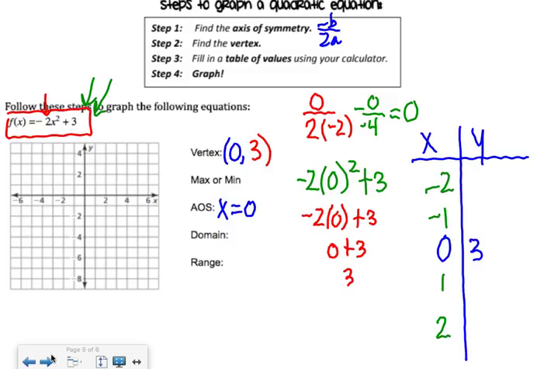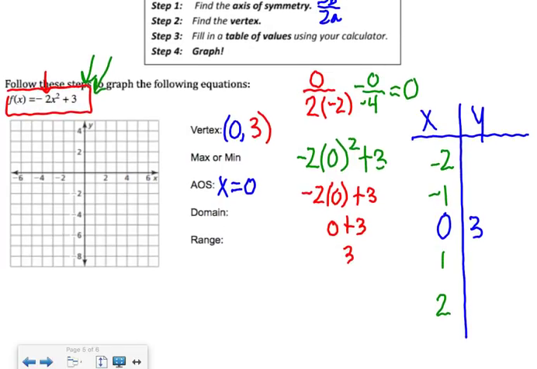I know these are the numbers we used yesterday, but that won't always be the case today. Okay, so I'm going to plug in the positive values because I think that's just easier in my brain. So we've done step 2, find the vertex. Now we're going to fill in our table by using a calculator or doing it by hand.